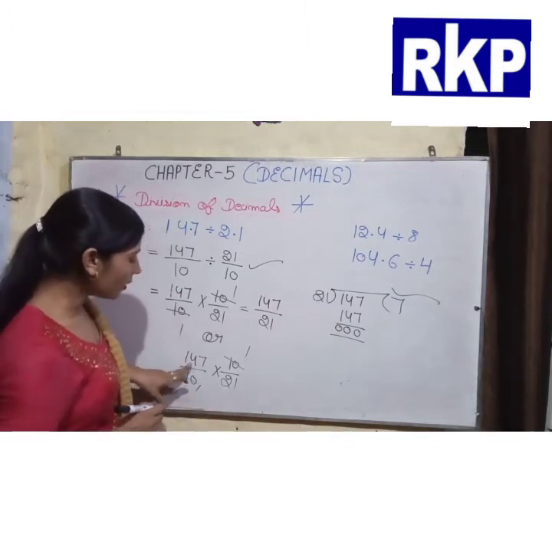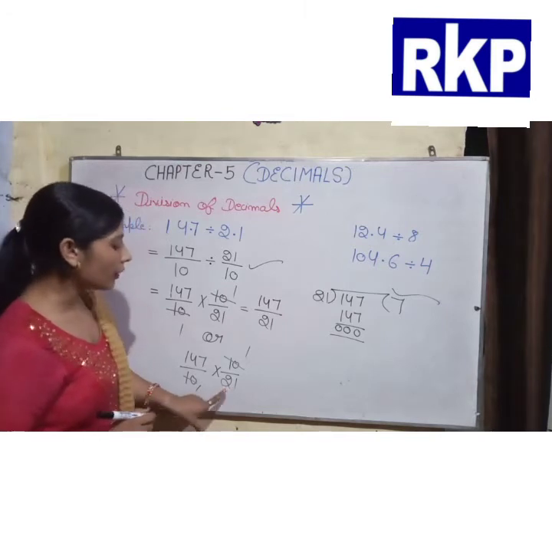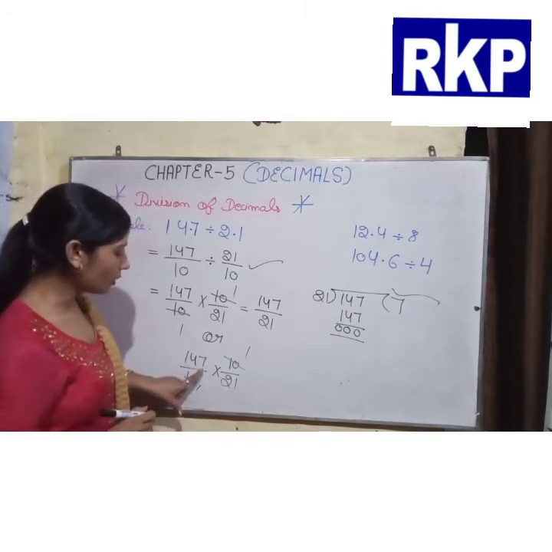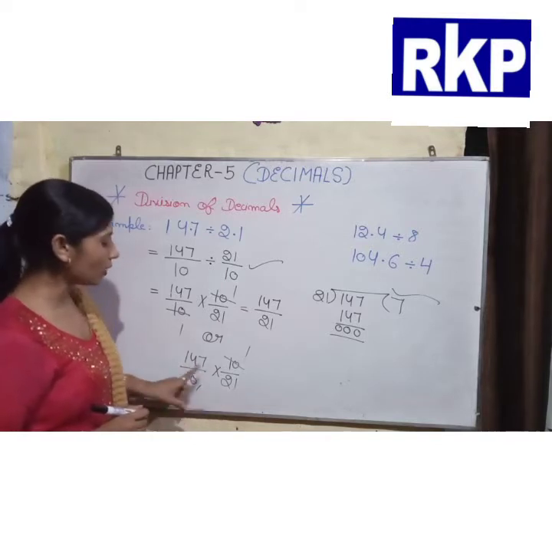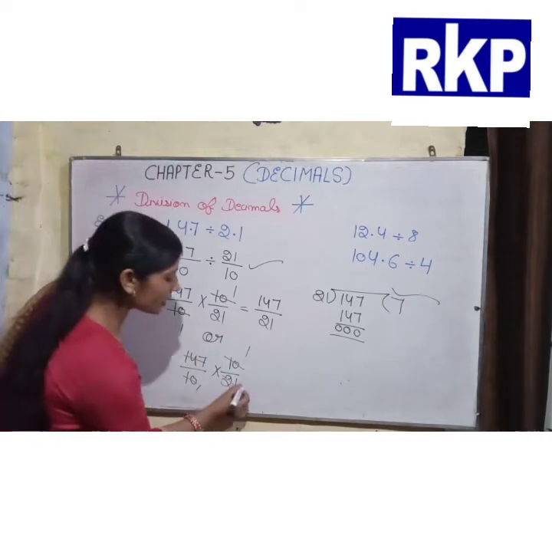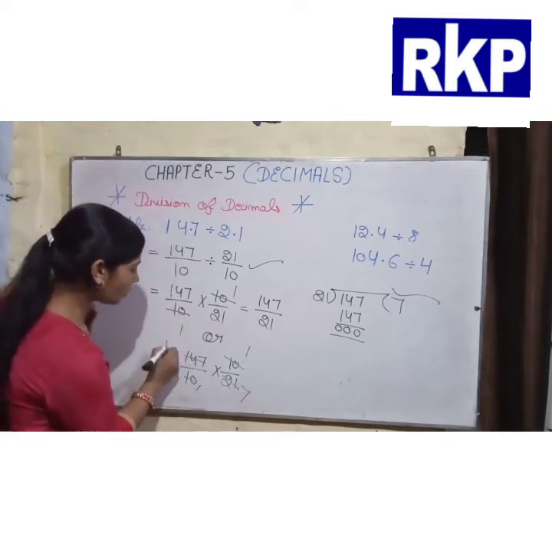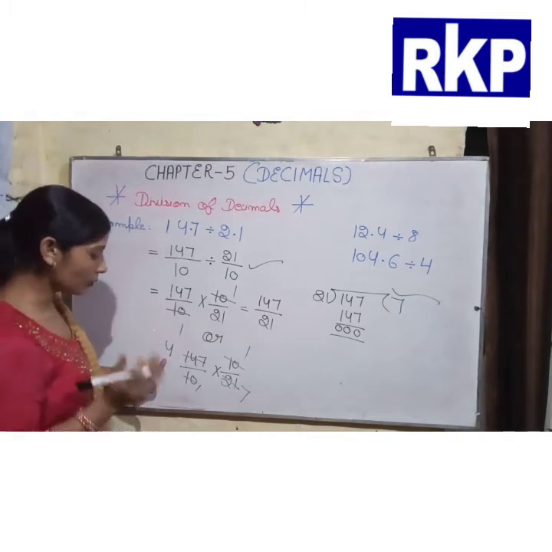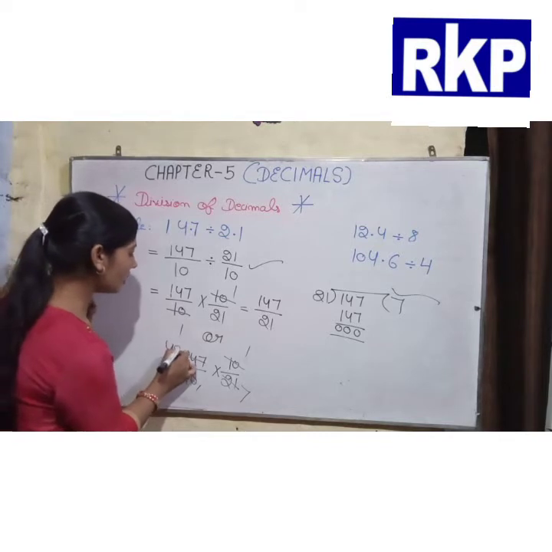Here we have 147 and here we have 21, and 21 and 147 both are divisible by 3. So we can cancel this and this by 3. 3 7s are 21, and this 3 4s are 12, 2 remainder, then take 7, and 3 9s are.